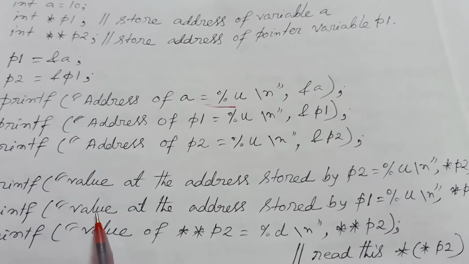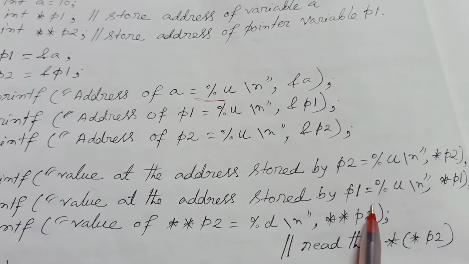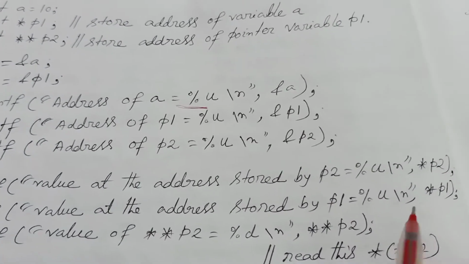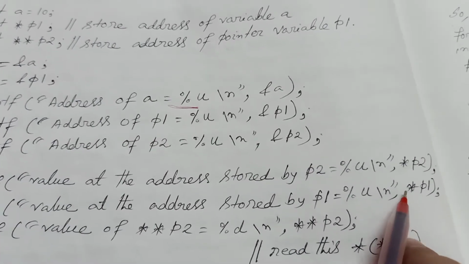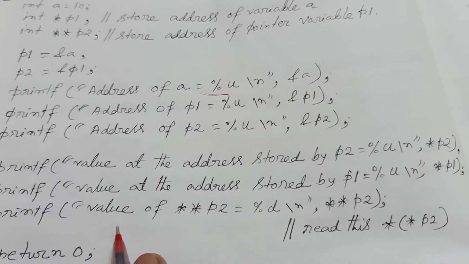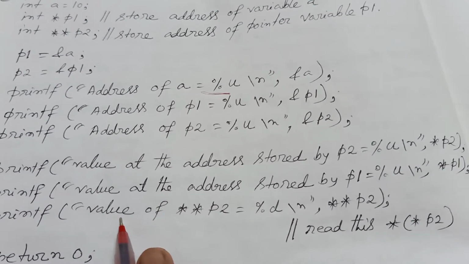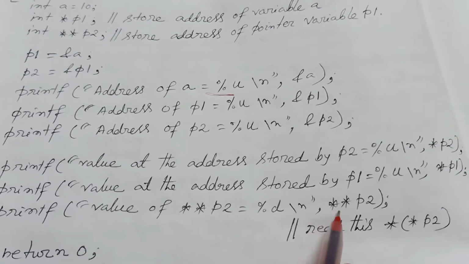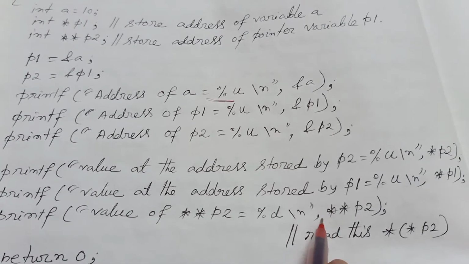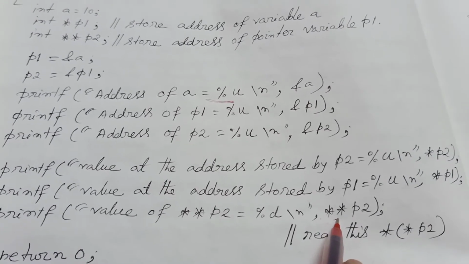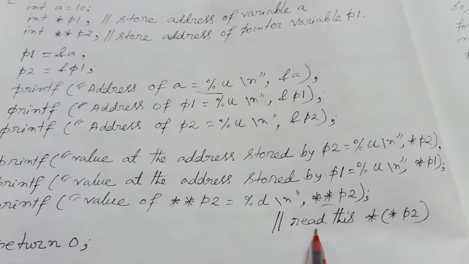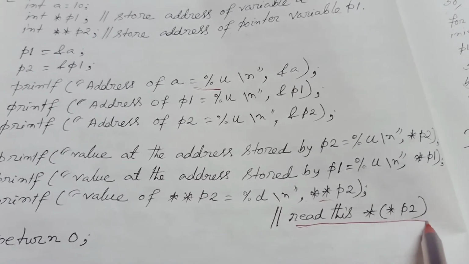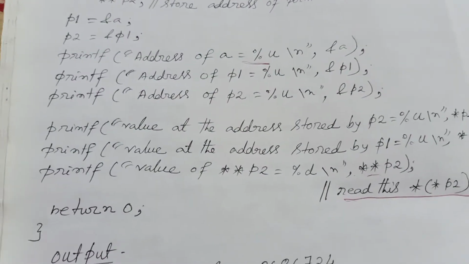Next printf show the value at the address stored by p1 equal to %u, okay, quotation complete, *p1, and printf value of double pointer p2 equal to %d, quotation complete, comma, then we write the double pointer **p2. This double pointer **p2 reads in this way also.